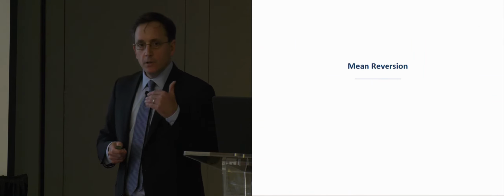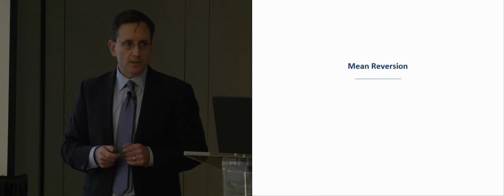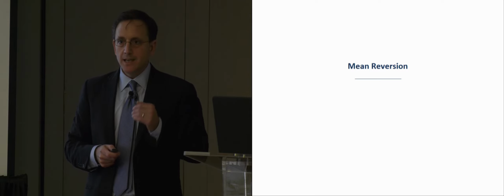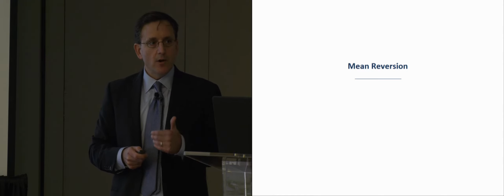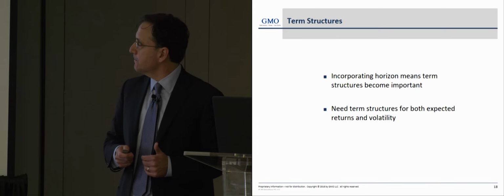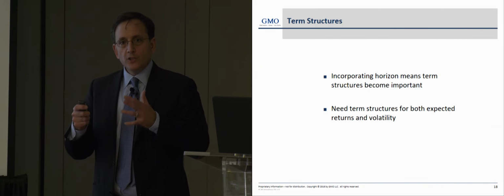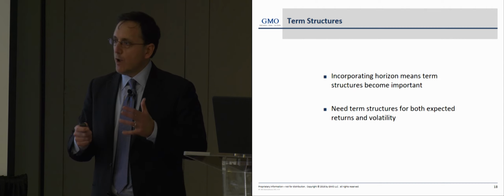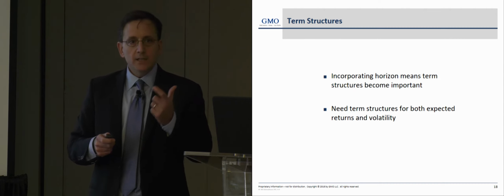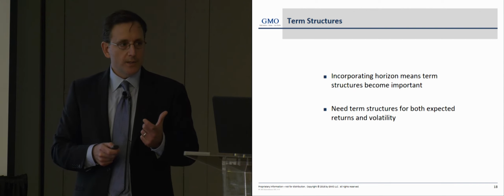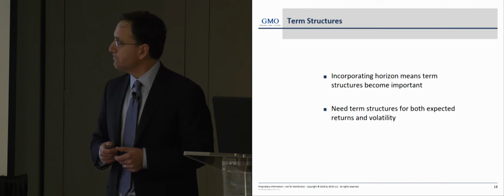Okay, so to this point, we've assumed that expected returns are constant. What happens if we assume that expected returns now are time varying or mean reverting? As I mentioned before, once we bring investment horizon into the problem by asking when you need it, we need a term structure of expected returns, and we need a term structure of volatility.